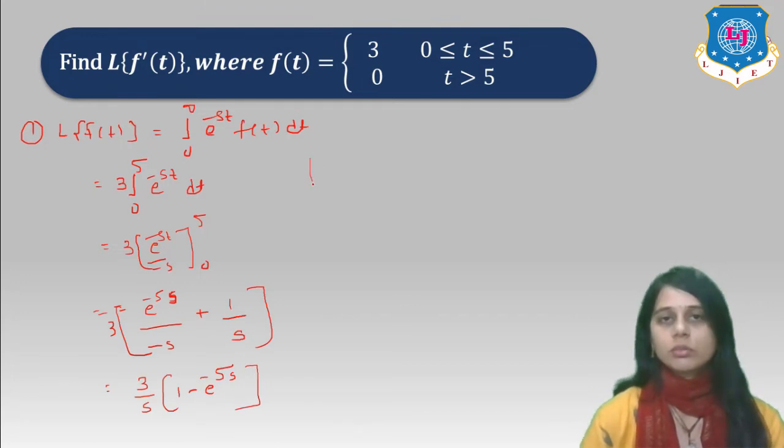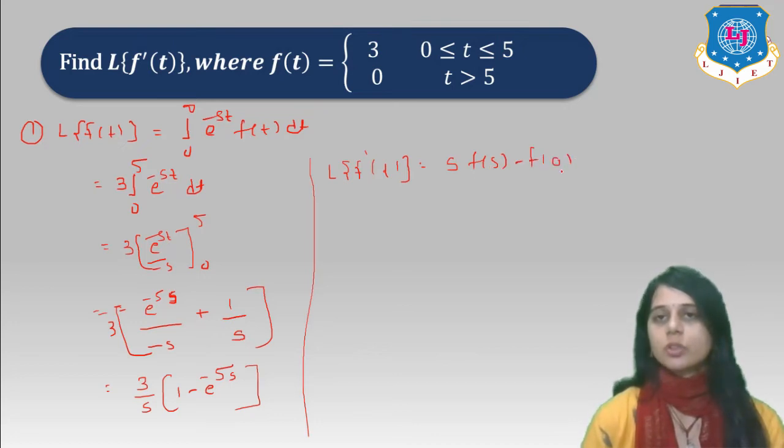Now we have to find Laplace of f'(t). The formula is sF(s) minus f(0). For sF(s), we have 3 by s times (1 minus e^(-5s)) multiplied by s.